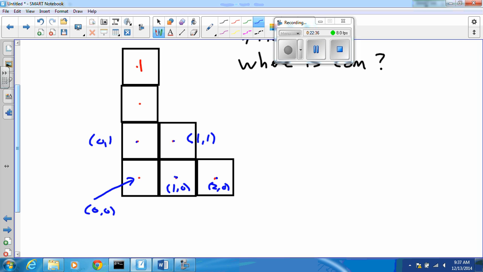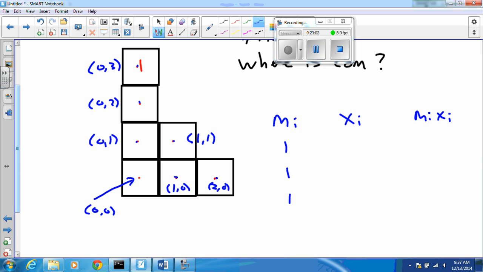So this guy is at 0, 0. This fellow right here in the center is 1 meter to the right, so he's at 1, 0. This guy is at 2, 0. That puts this guy at 1, 1, then 0, 1, 0, 2, 0, 3. And now we're ready to do our chart again.